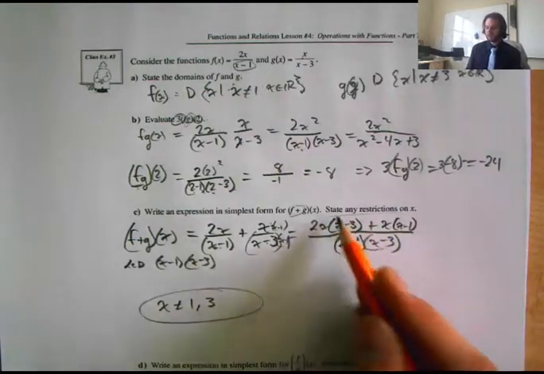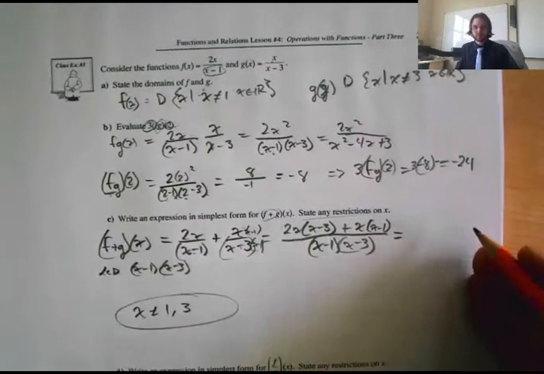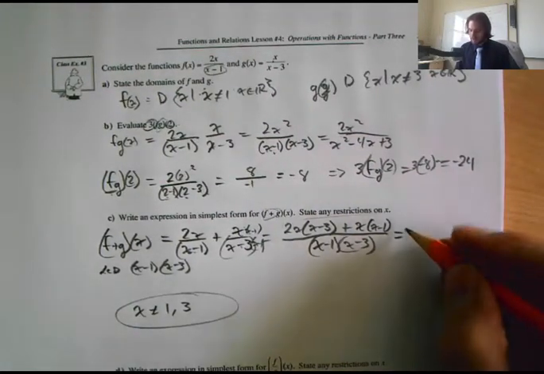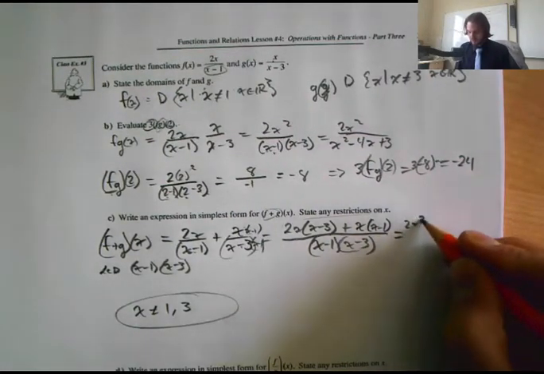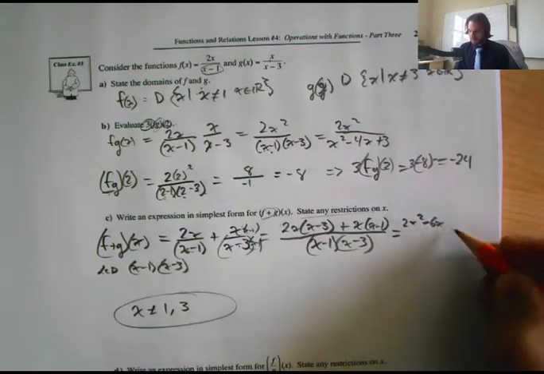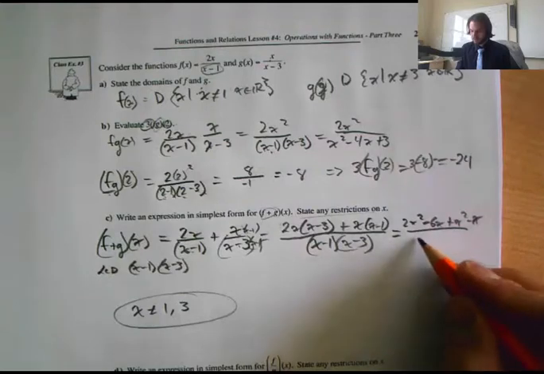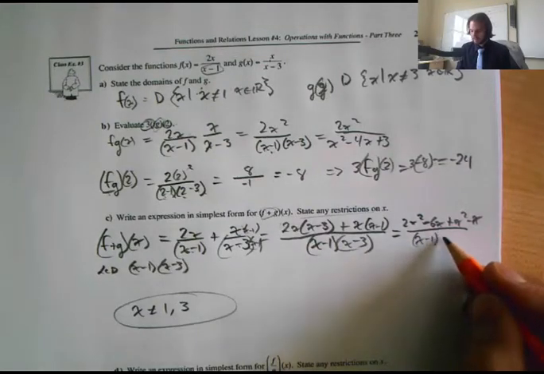So over x minus 1, x subtract 3, we get 2x squared minus 6x plus x squared minus x.